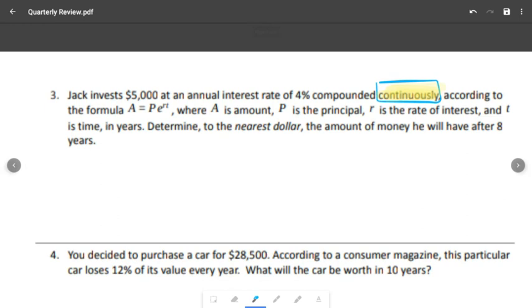So P is how much we are investing, the principal, so that is the 5,000. e is just e, it's just a number on the calculator. Remember, it's a button we're going to push. r, we're going to take that 4%, divide by 100 to move over the decimal. So we get 0.04. And t is 8.